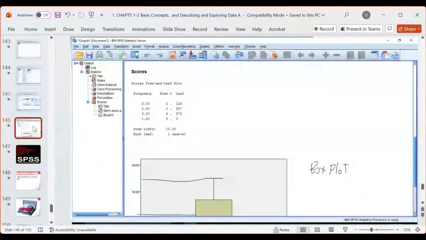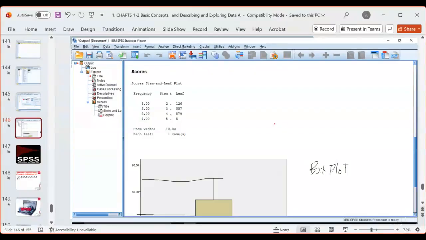And you will see something like this, plus. You see that? So those are your frequencies. This is your stems, and so it tells you that there were 3 numbers in the 20s: 21, 22, 26, and 3 numbers in the 30s: 35, 35, 37, and so on. 3 numbers in the 40s, right? 45, 47, 49, and then one number in the 50s.